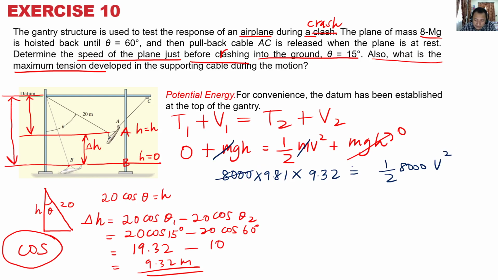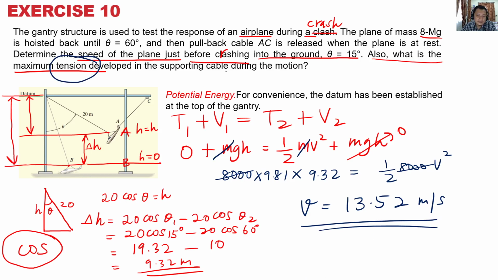The mass can cancel, so 8,000 cancels off. 9.81 times 9.32 times 2, square root, 13.52 meter per second.